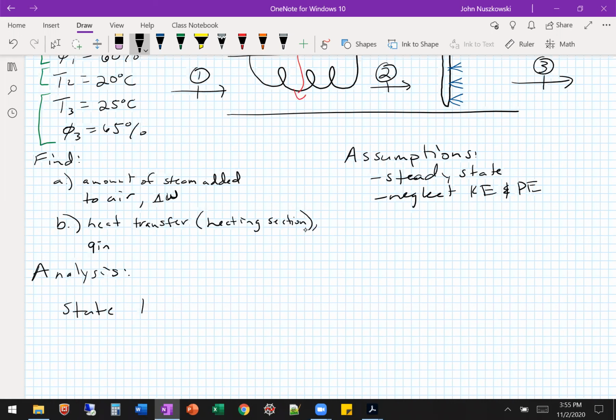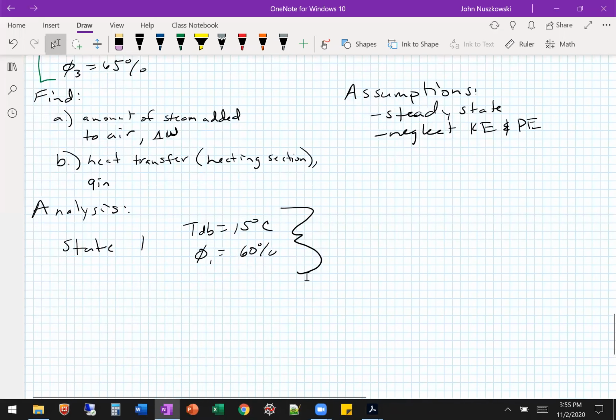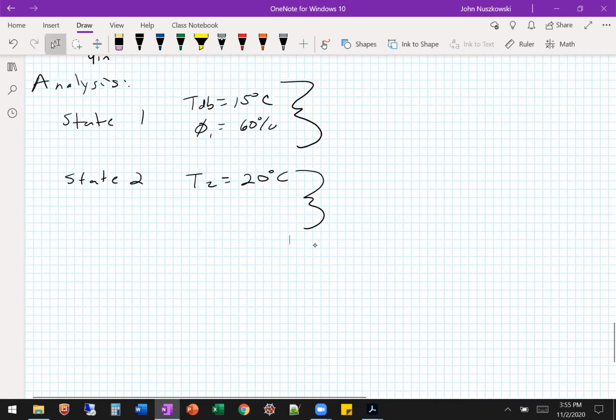Okay, but we have state 1, we have a dry bulb and a relative humidity, right? So we can get anything we want from the chart then, properties wise. State 2, we just have a temperature for right now. So we need to figure something out there.